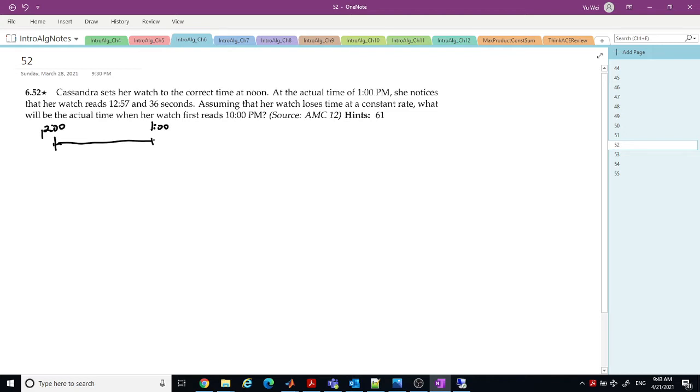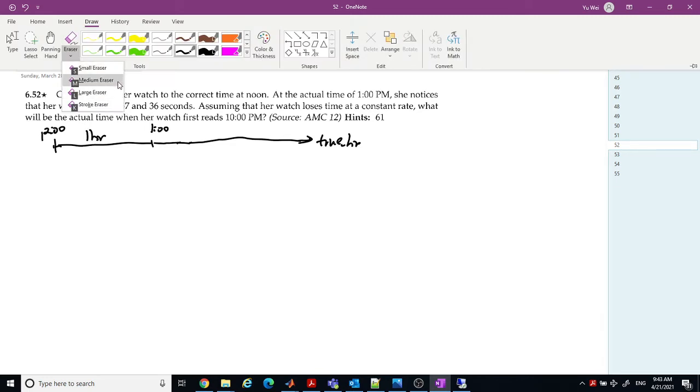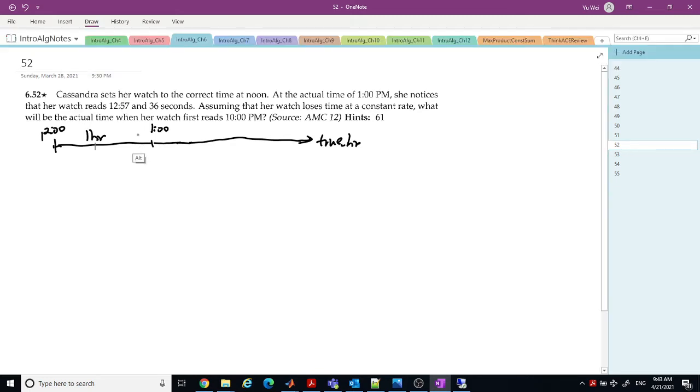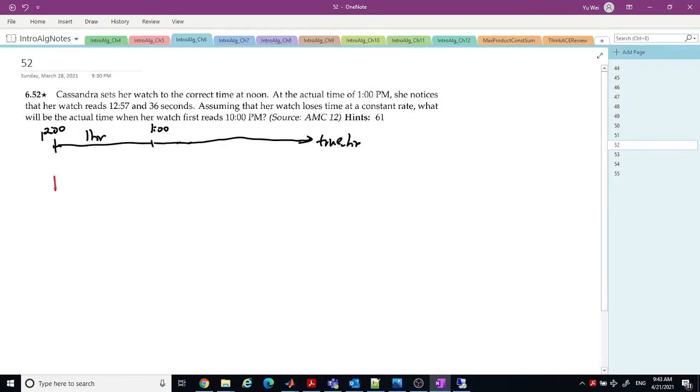This is the true time, right? That's using this one as the true time. True hour. Okay, so this is the 1 hour, right? Okay, and the watch is not right.